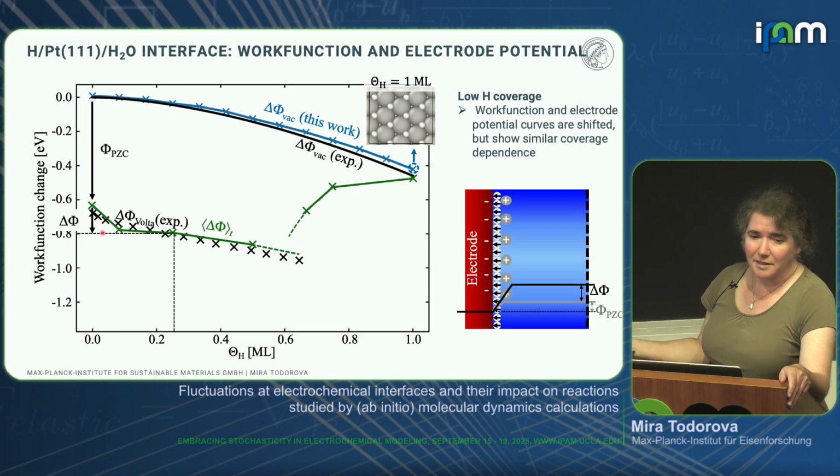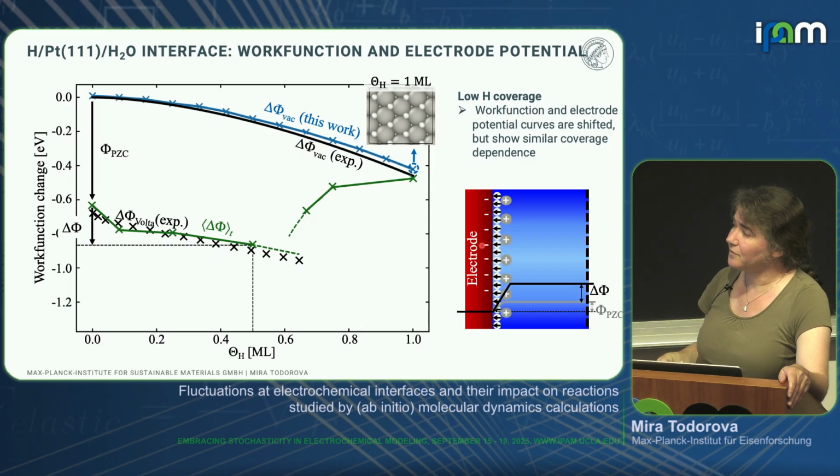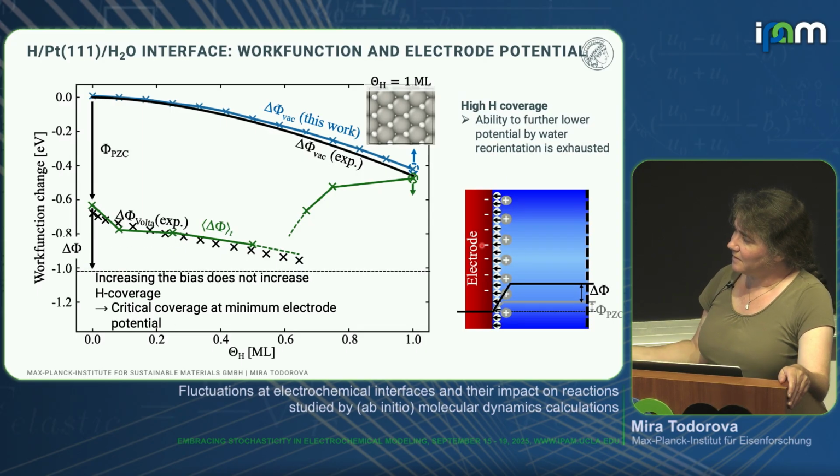If we keep increasing the potential, this would lead to a higher adsorption of hydrogen on the surface that would try to screen the surface dipole, so the potential drop that we have in the interface. And this seems to be working up to a certain point. And then further increasing the hydrogen coverage will not counteract increasing the bias potential.